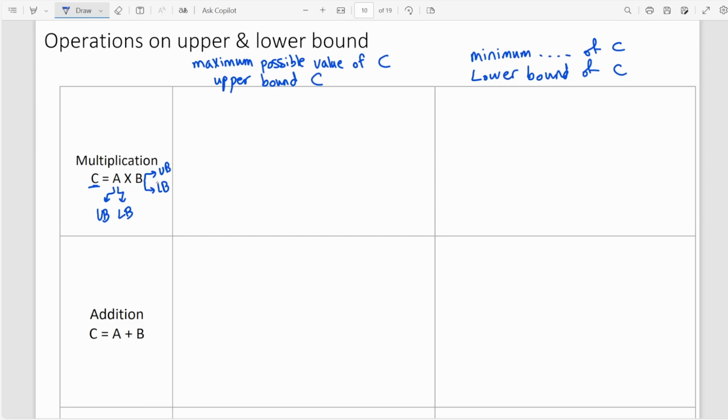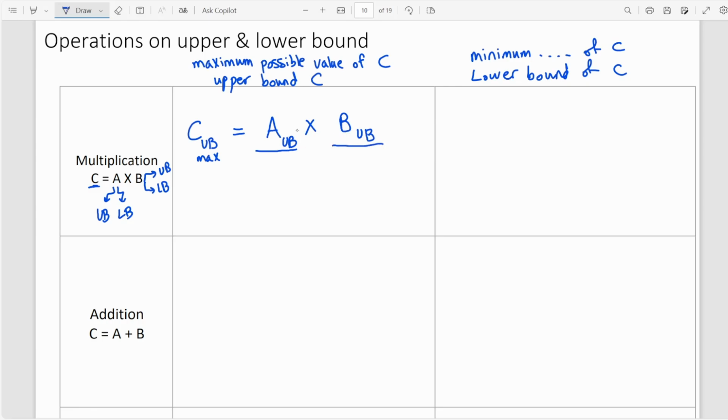So we have multiplication. What you need to understand about multiplication is that if you want C upper bound or maximum of C, then you would take the upper bound of A and the upper bound of B. And it makes sense because in multiplication, you would need this number to be the highest possible, the upper bound, and this number, the highest possible, the upper bound.